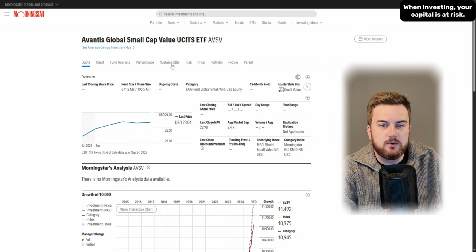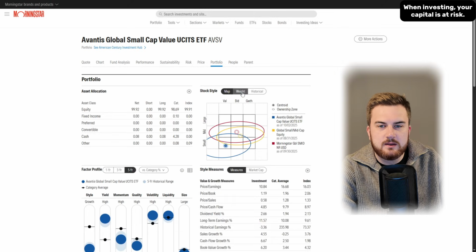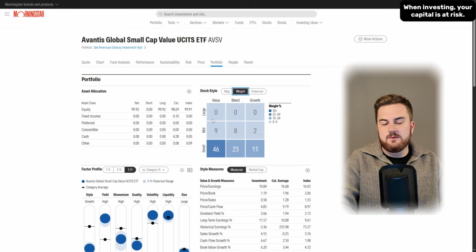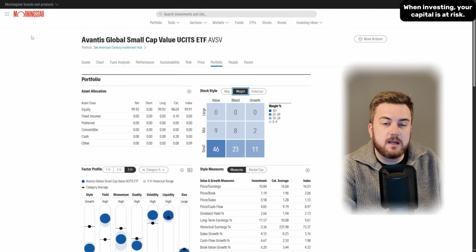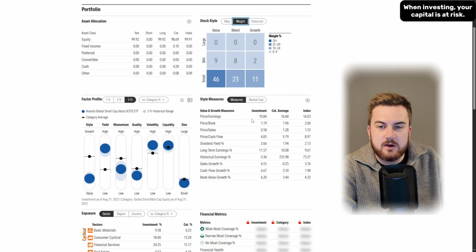So what I like about Morningstar is you have all these sort of tools, but you can also look at the portfolio, and you can basically see if that factor ETF is giving you that factor exposure. So this is a small cap value ETF, and you can see it's tilted towards small value oriented companies. Morningstar basically analyzes the holdings, and you get a picture of where it is in terms of these factors. You get the price to earnings ratio.